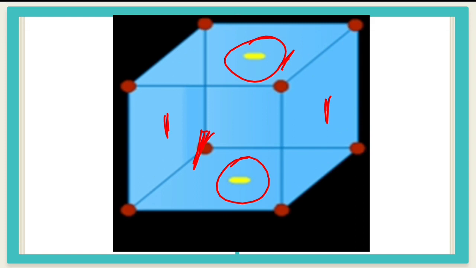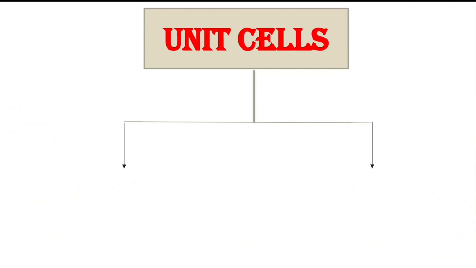Then they are called end-centered. If there are constituent particles at all the faces, they are face-centered. If there are only at any two opposite faces, then they are called end-centered unit cells. So that is about end-centered unit cells.